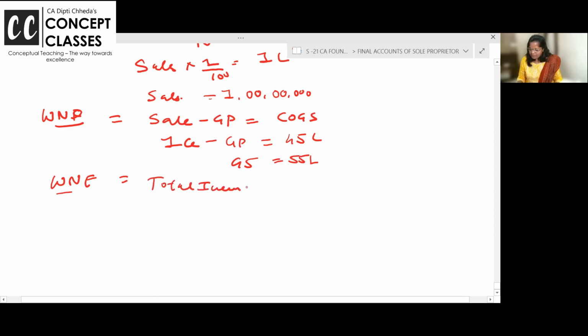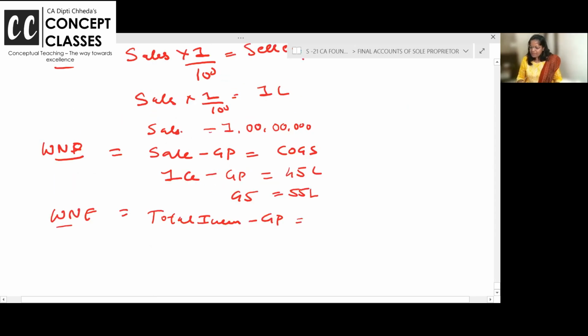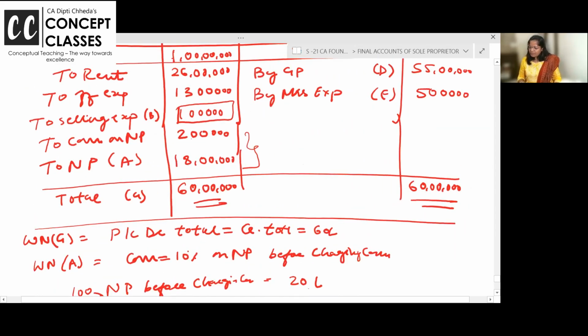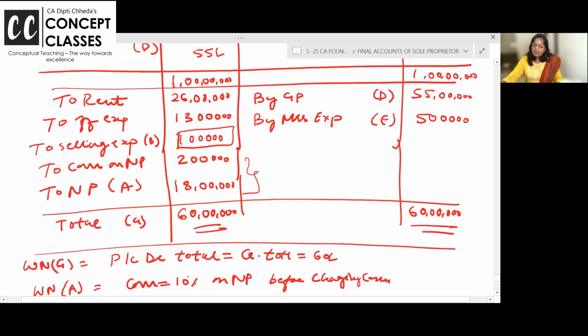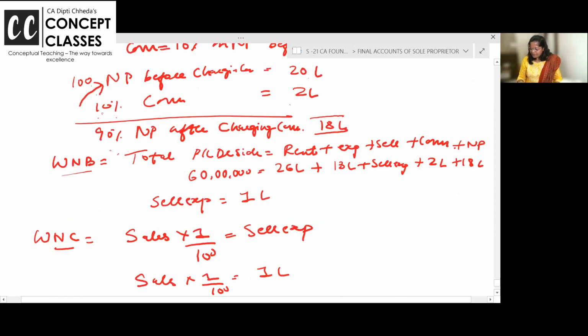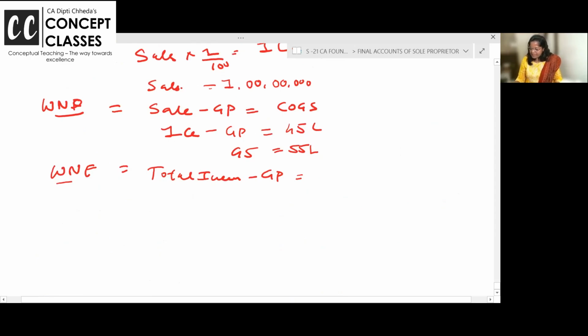Total income minus GP will give you that. क्या था वो? Credit side क्या है? Miscellaneous expense नहीं, sorry, miscellaneous income. Income, EBIT. EBIT is miscellaneous income. तो आपका टोटल इनकम कितना है? टोटल इनकम आपको दिया है 60 lakhs.